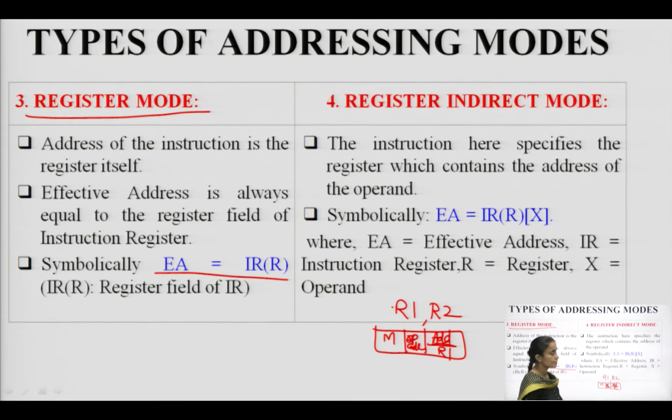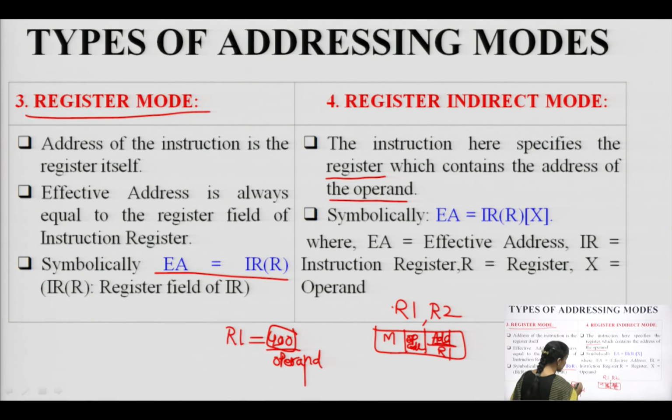Fourth mode, that is register indirect mode. Here the instruction specifies a register that contains the address of the operand. Here I have said that the value of R1, 400, will be my operand in case of register mode, and in case of register indirect mode, this 400 will be my effective address.